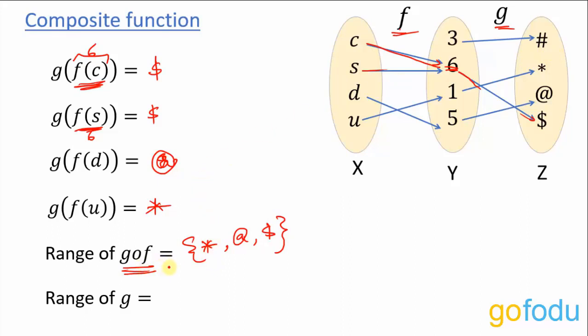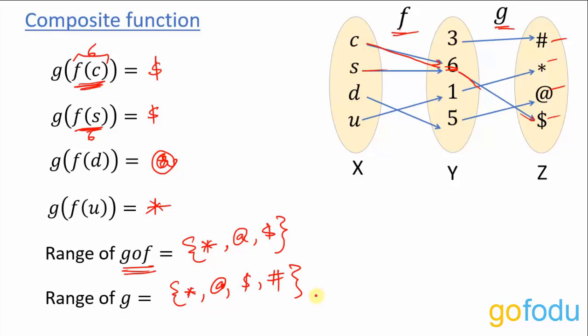Whereas the range of g is all these values. We can obtain all these values on putting these values in function g. So the range of g will be star, at the rate, dollar symbol and hash symbol. So the range of a composite function need not be the same as the range of its constituent functions.